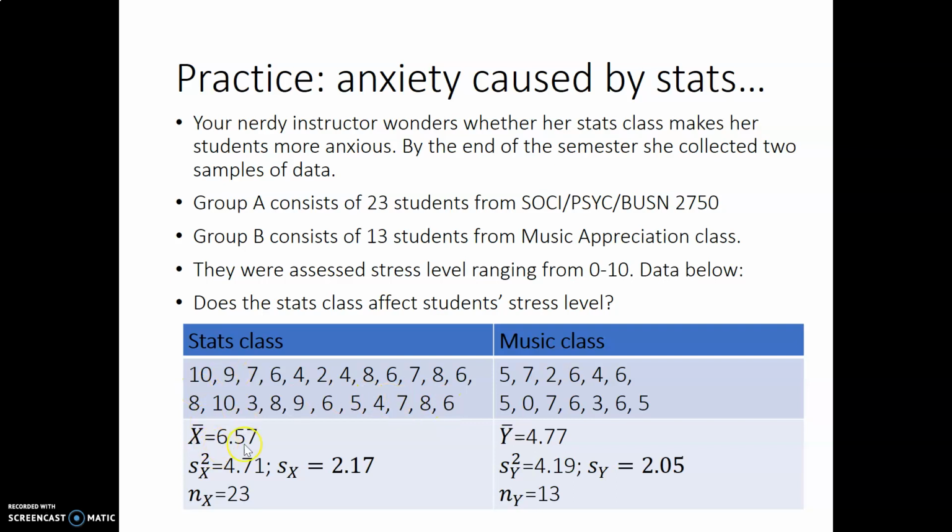I have calculated the mean for these 23 people, and also the variance and standard deviation, and the sample size is 23. For the other group, we have 30 people here. I also calculated the mean, the variance, and the standard deviation for this group, and the sample size is 30. Please note that there is a big difference in the sample sizes here, so you have to use the pooled variance to estimate the standard error.